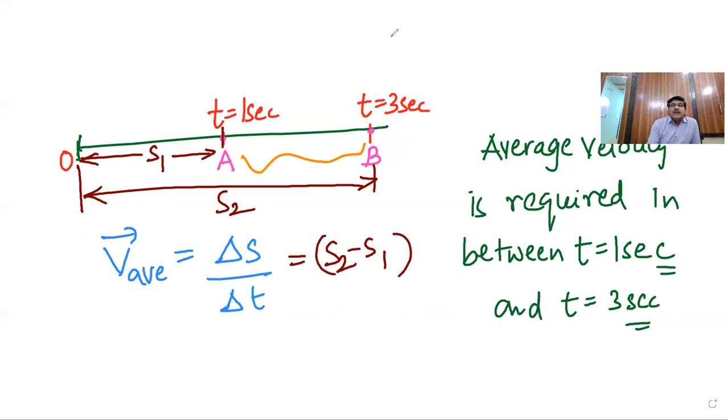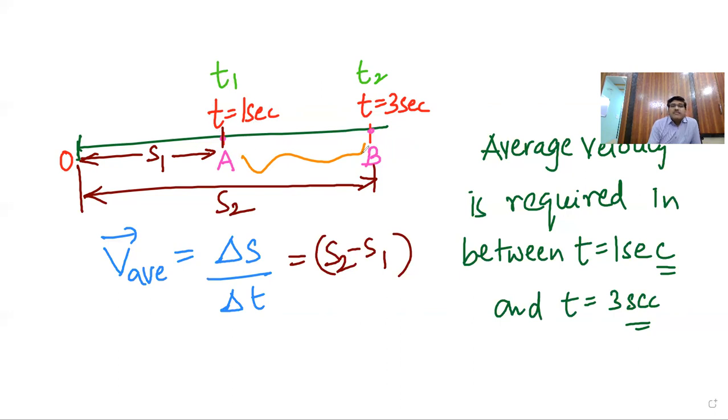Clear? Similarly, if I require the change in time in between A and B, if I say 3 seconds as T2 at B, and this as T1 at A, origin up to B, time taken is T2. Origin up to A, time taken is T1.